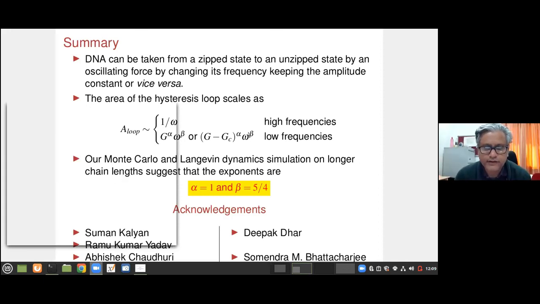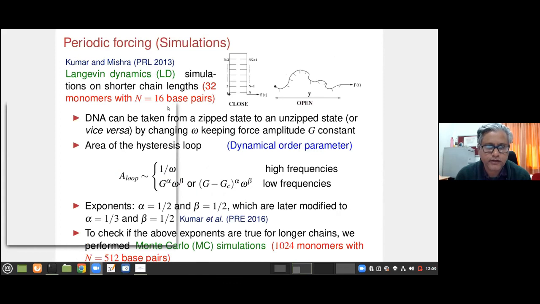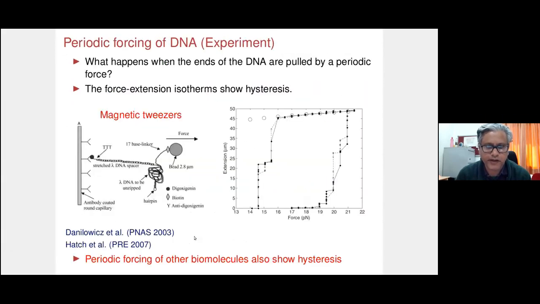So normally, if you see here, there are experiments where, in biology, these biological processes happen in a cyclic manner. These enzymes, helicases, apply a force on the DNA, but normally what they do is they use ATPs and other things.